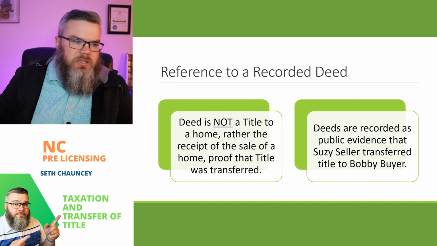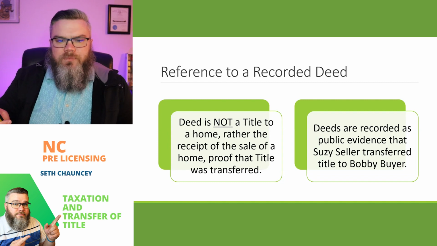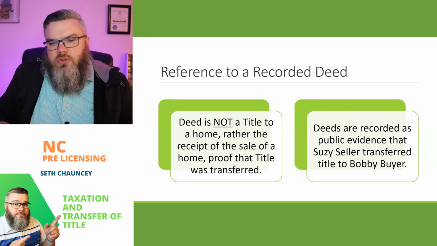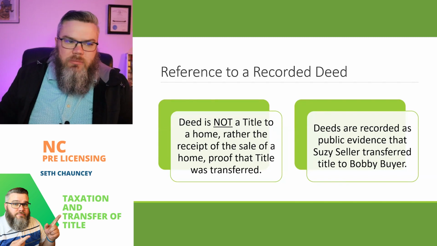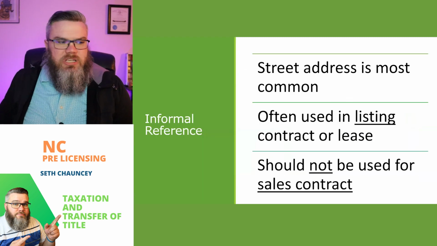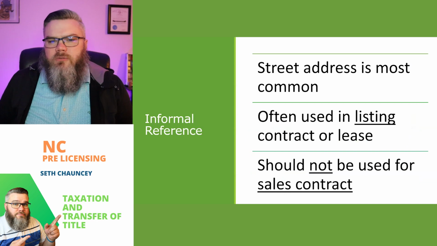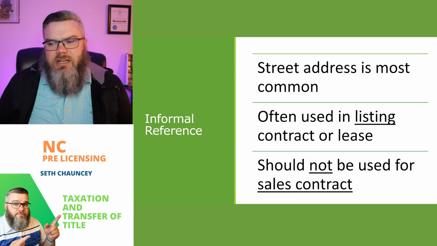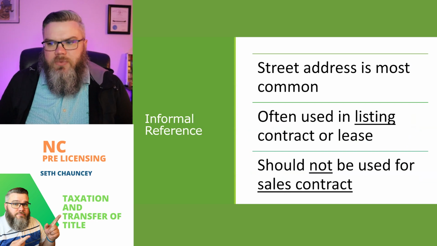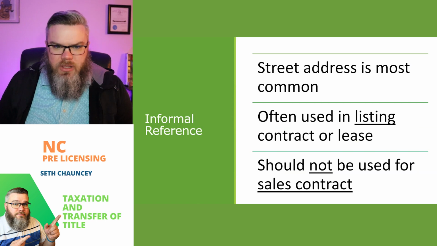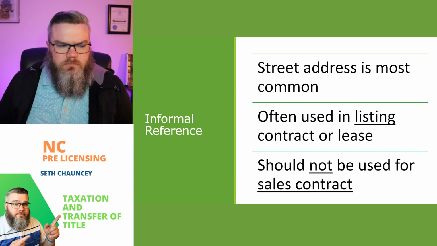And the last note on these legal descriptions is, as I said, just saying something like 123 Main Street or West Hill Street or whatever it may be, that's called an informal reference. It's typically not satisfactory for a sales contract, and it's not satisfactory for identifying a piece of property on a deed. We may use it, but we would accompany it with some other type of more powerful legal description.